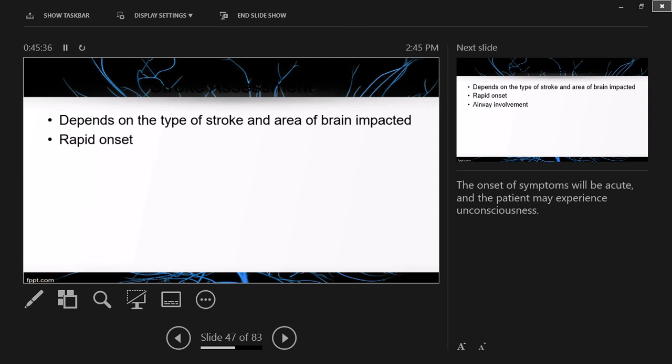By acute, I don't mean 30 minutes ago, I mean like 2 minutes ago. The patient was fine, and now they're sitting here slumped over with their arm hanging down, and you've got facial droop on the left side. And that's going to be true regardless of whether it's an ischemic or a hemorrhagic stroke.